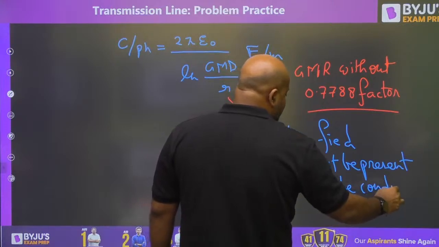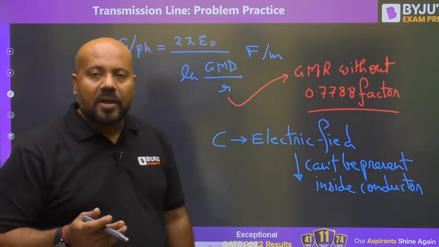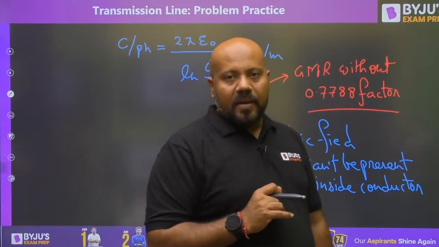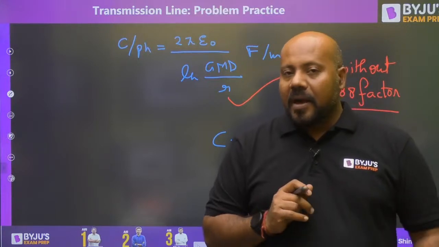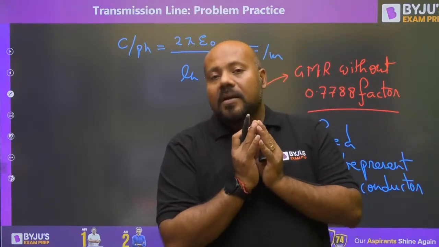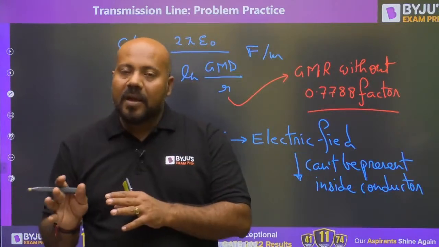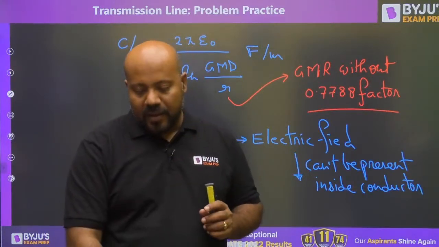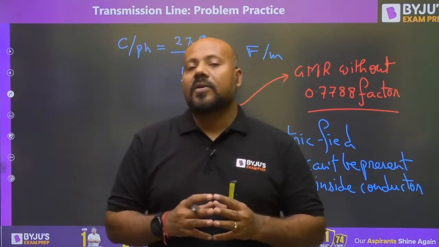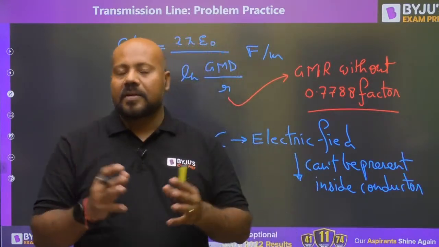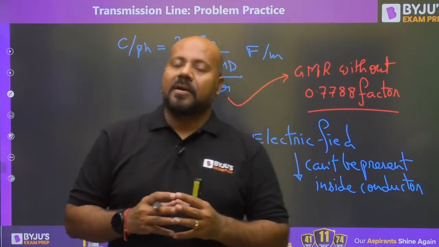Are you getting that? When dealing with the inductance calculation, you are dealing with the magnetic field. Magnetic field or magnetic flux can be present inside the conductor, and that is the reason that while doing the inductance calculation, we consider both internal flux and external flux. But when you are talking about the capacitance, you are talking about the electric field or electric flux, and it cannot be present inside the conductor.